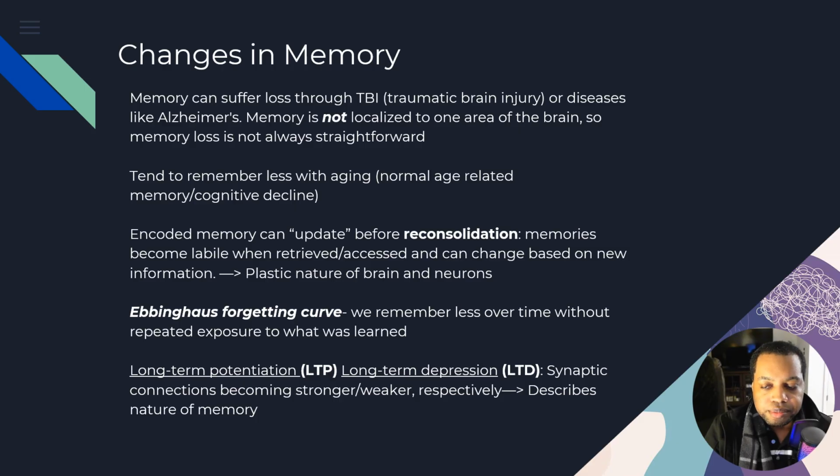So, some brief aspects about changes in memory. Traumatic brain injuries or things like Alzheimer's can result in, of course, memory loss. A very important thing to acknowledge is that memory is not purely localized to one area of the brain. So when it is lost or compromised in some way, it's not always so straightforward.